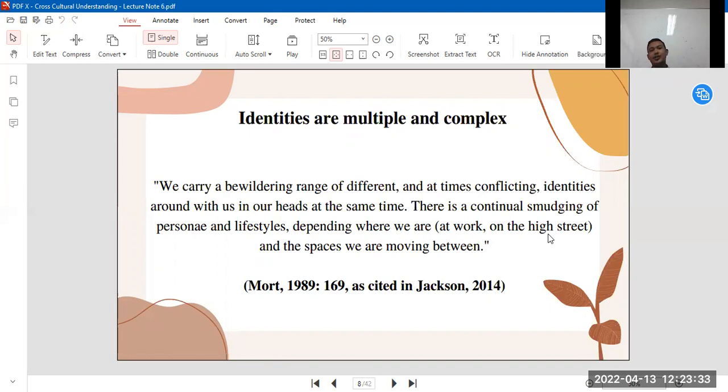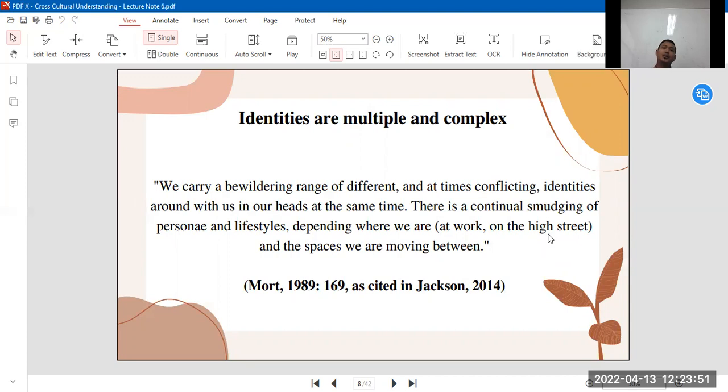There is a continuous smudging of personae and lifestyles depending on where we are, at work, on the high street, and the spaces we are moving between, by More, 1989.